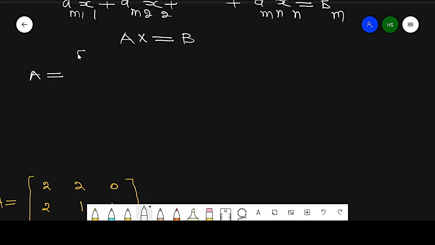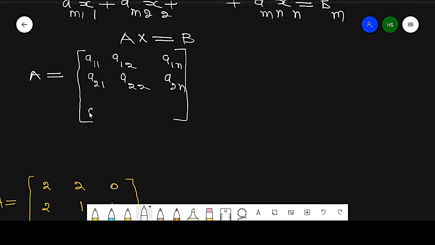The A matrix is equal to a11, a12, up to a1n, then a21, a22, up to a2n, and am1, am2, up to amn. So this is the A matrix.